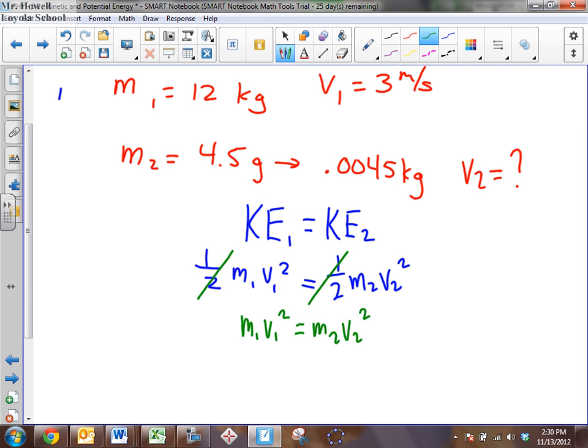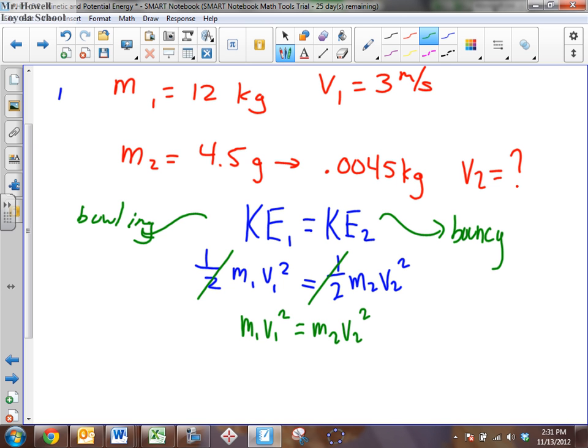Okay so far? Again, this side of the equation is the bowling ball. This side of the equation is the bouncy ball. Now, we want to figure out v2, the velocity of the bouncy ball. So I need to isolate the variable v2.